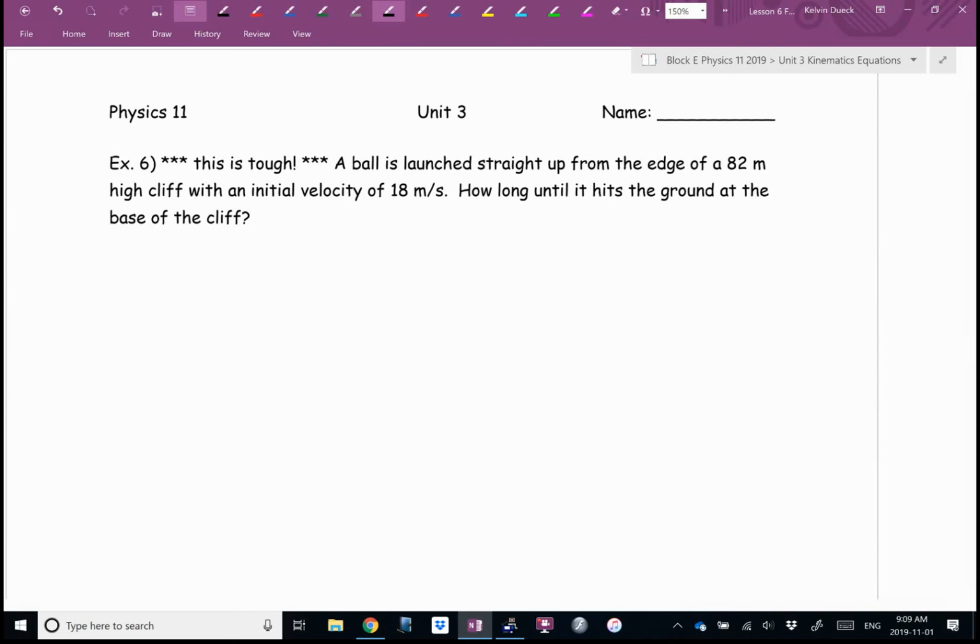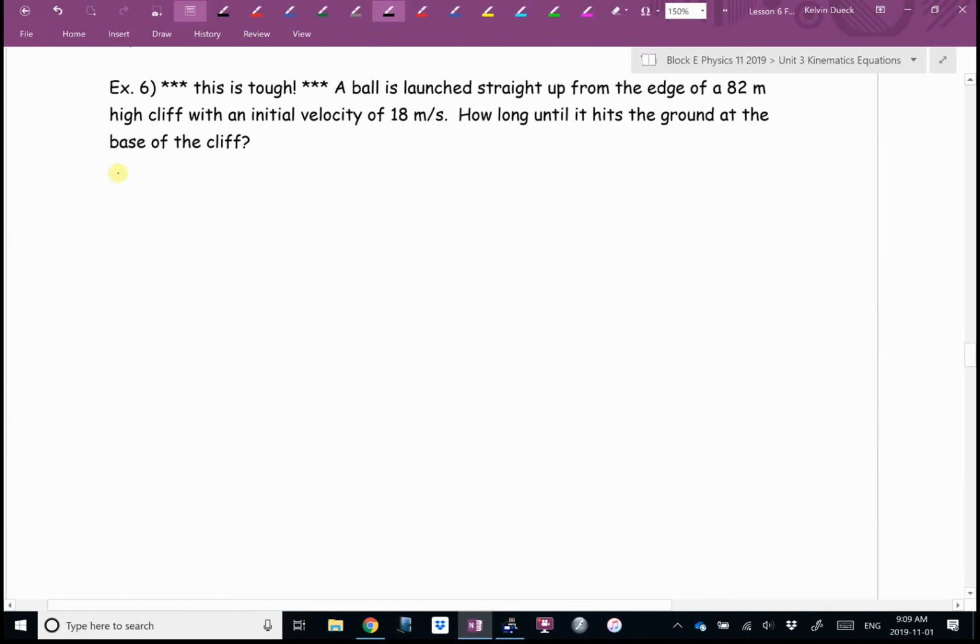I would have dropped something in awe too because this is going to be really important. Karin, what's this asking me to find? Let's write down T equals question mark. What's that 18? What's the 18? VI? What's A? Negative 9.8. What's that 82?